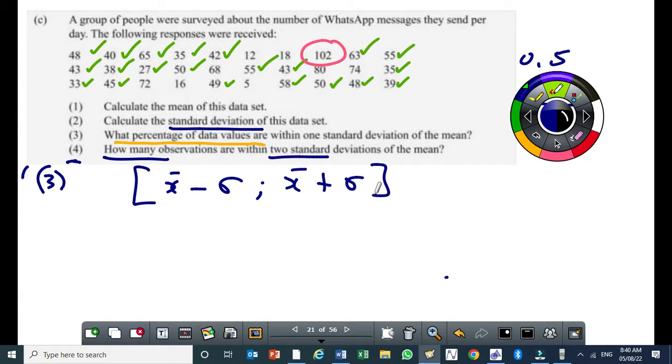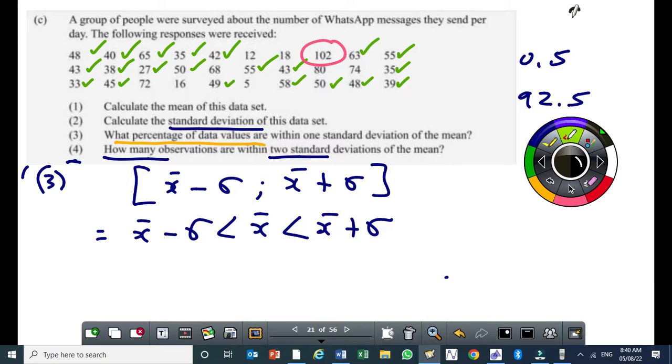So we can simplify this and write it in inequality form as x bar minus sigma is less than x bar is less than x bar plus sigma. Now, remember, when you write the domain and the range, you use square brackets or circular brackets.